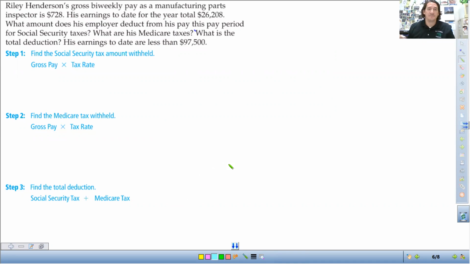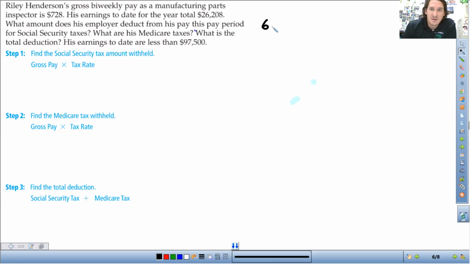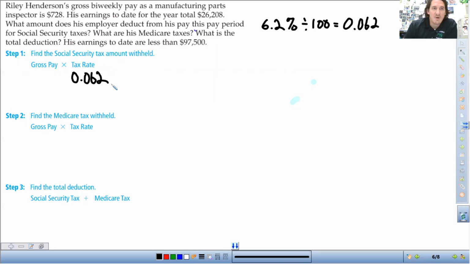First thing we need to remember is the Social Security tax rate is 6.2%. Convert that to a decimal by dividing by 100, and we get 0.062. So the tax rate is 0.062 for Social Security.